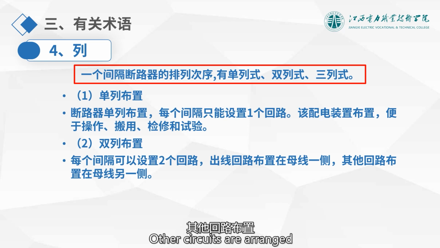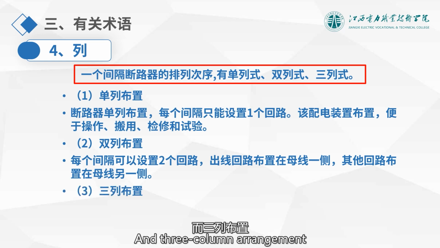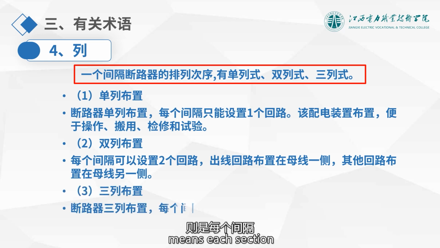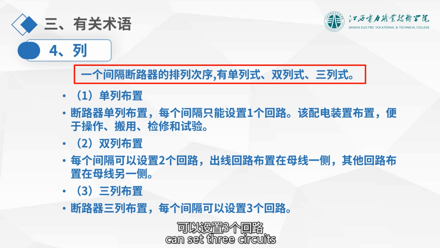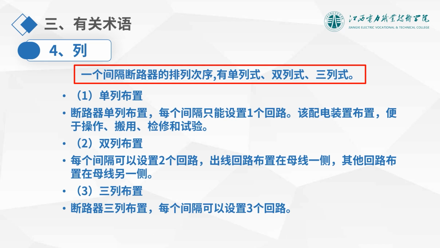Other circuits are arranged on the other side of the bus bar. Improves the utilization rate of the section. And the three-column arrangement means each section can set three circuits. Relatively, the three circuits structural layout is advantageous in terms of economy, but relatively more complex.